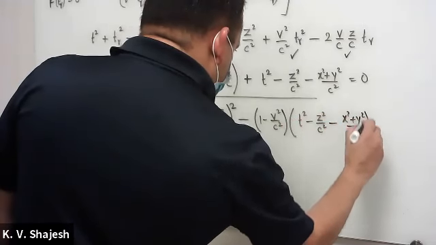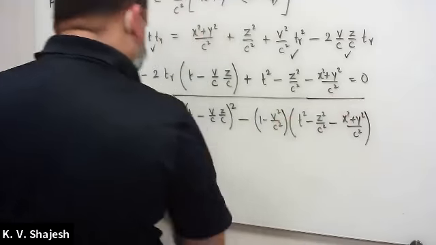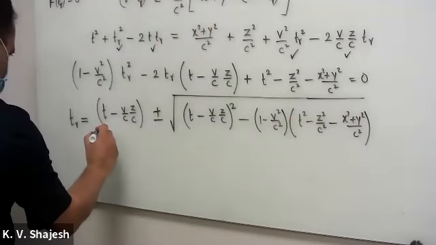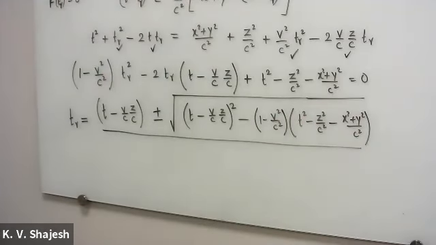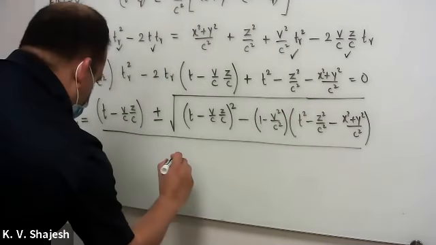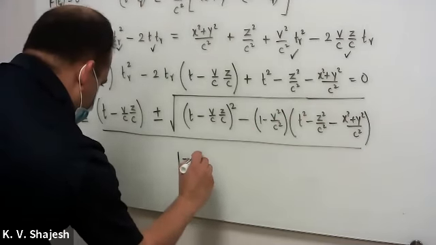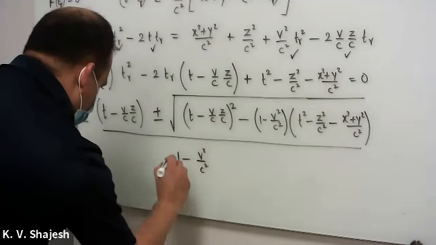Too much algebra, but that's what it is. And again, this is one of the simplest problems, right? This is a charge moving with constant velocity. And imagine if it is accelerating, this gets more complicated. So this is 1 minus v squared over c squared.